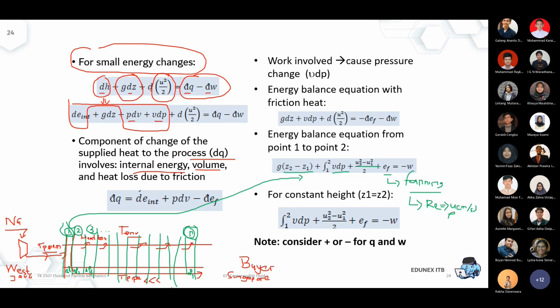It is treated one by one, per section. And then your total delta P now becomes the sum of the pressure drop from i = 1 to N.